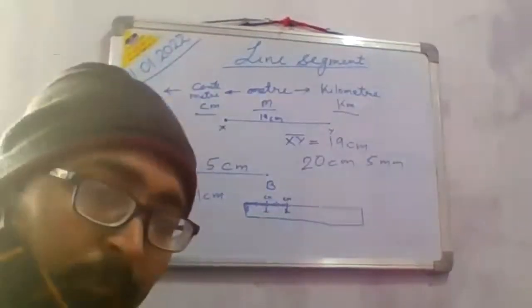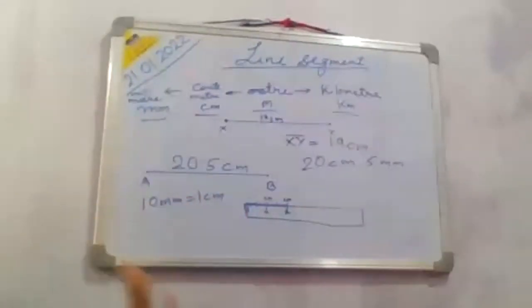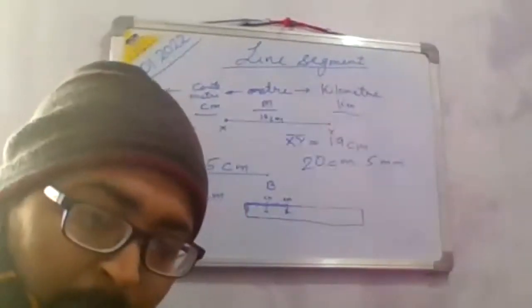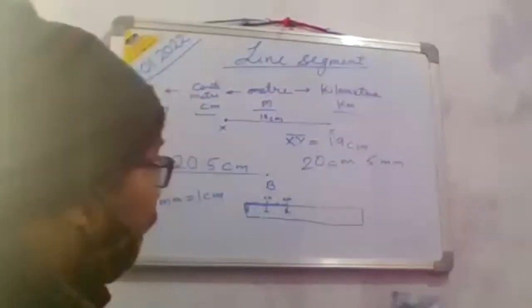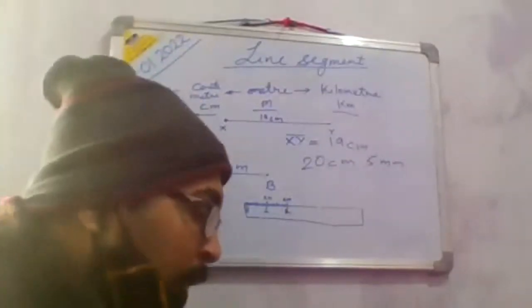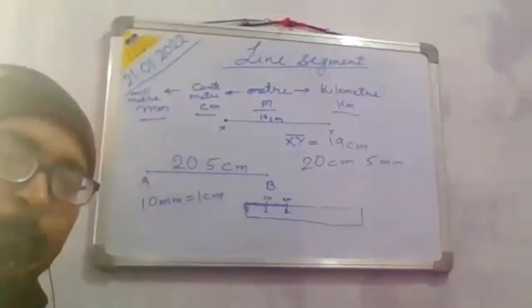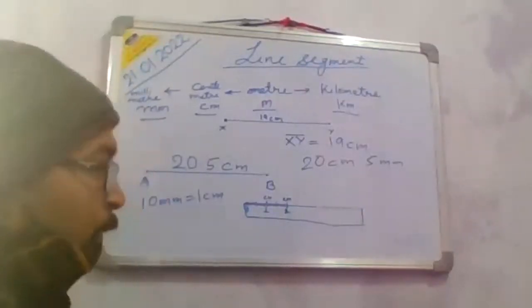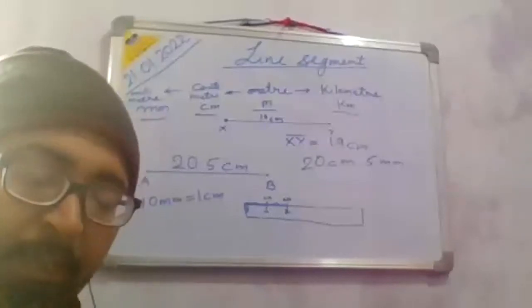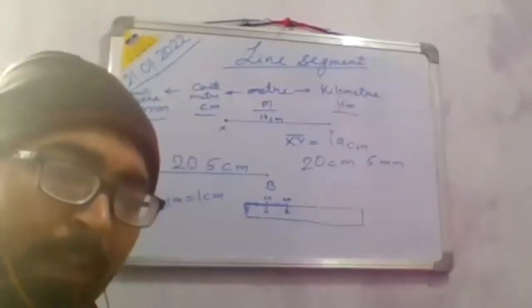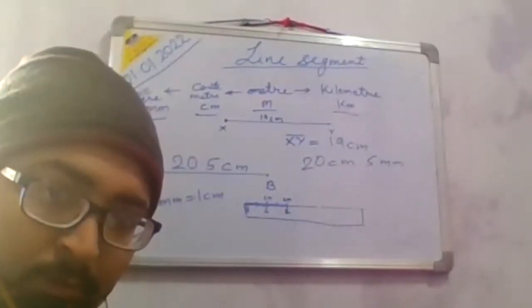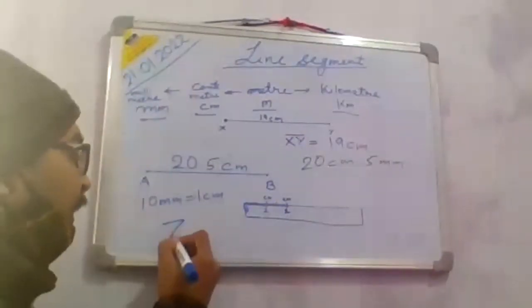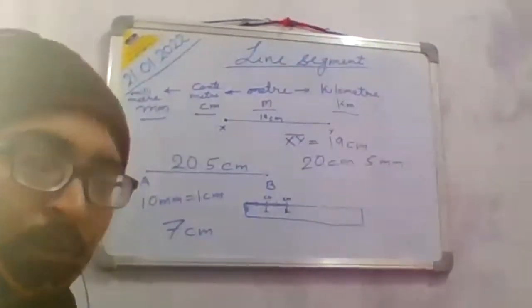So we can measure the line segment in such a way. Now, suppose we have to draw a line segment of a given measure. Suppose someone says you have to draw a line segment of 7 centimeter. How will we draw it?